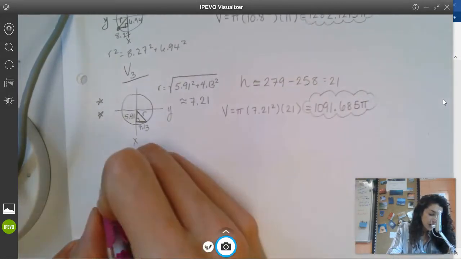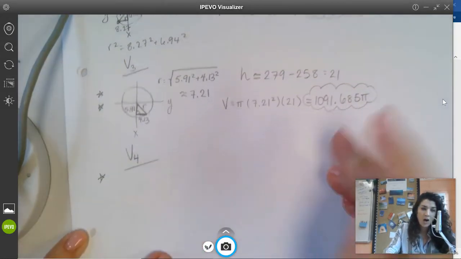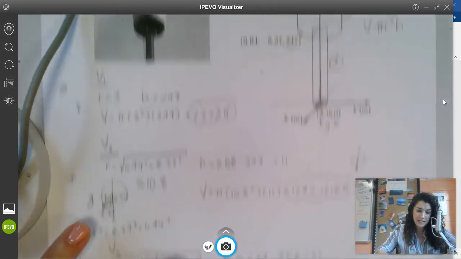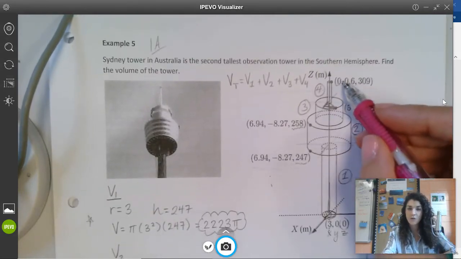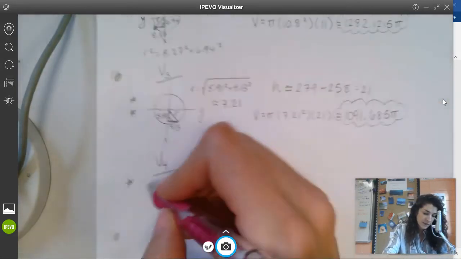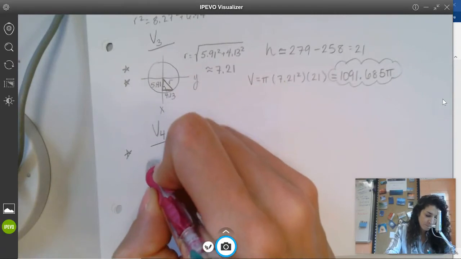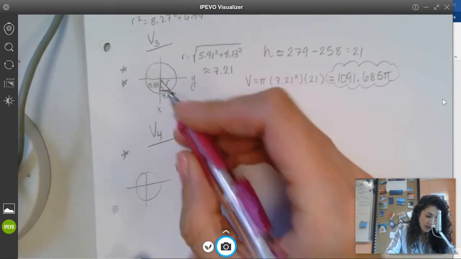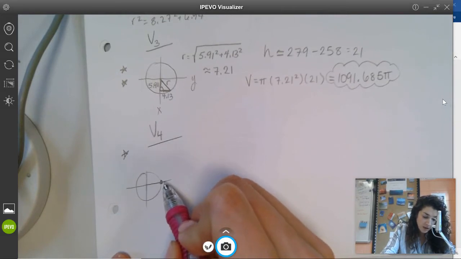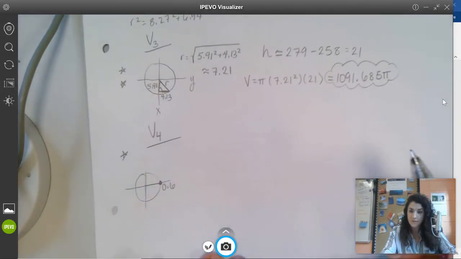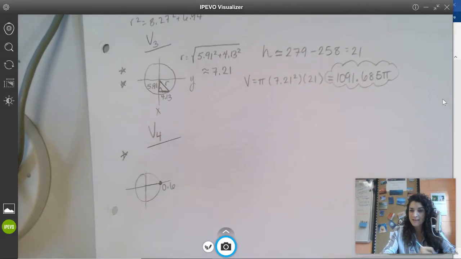I would like for you to try doing this whole dang cylinder on your own. Little hint, this one's nice because you are on an axis. So if you're finding the radius, if we didn't go out on X at all and we only went out to here, how would you find your radius?